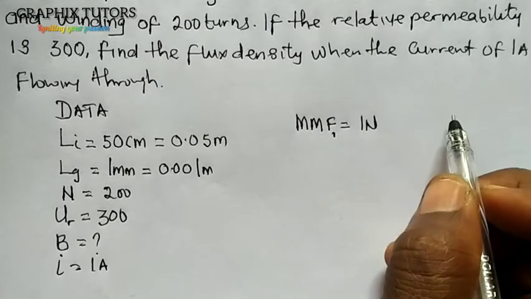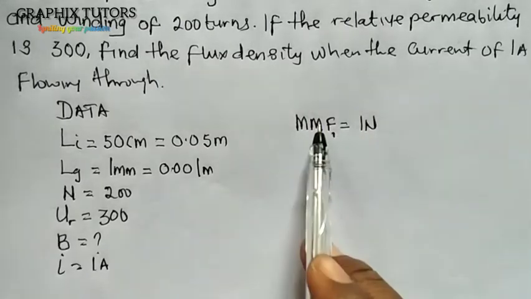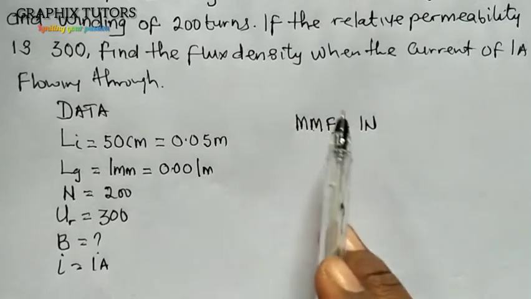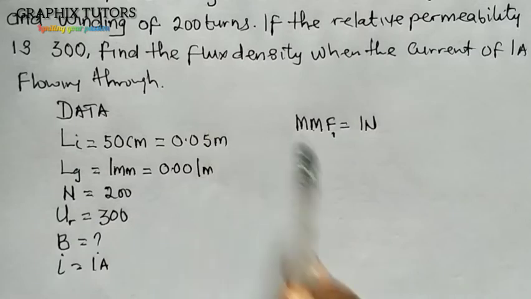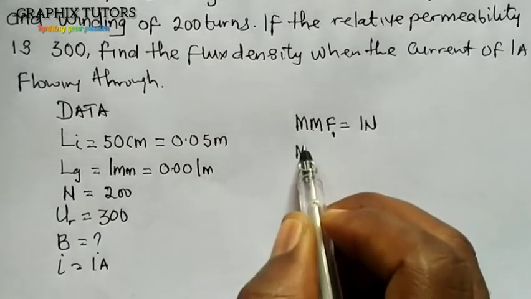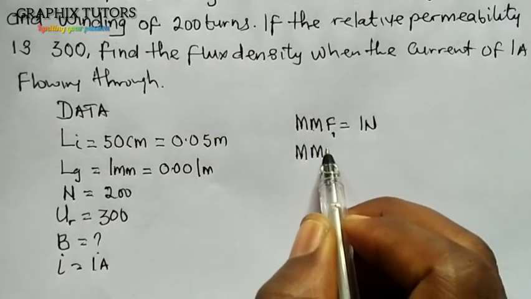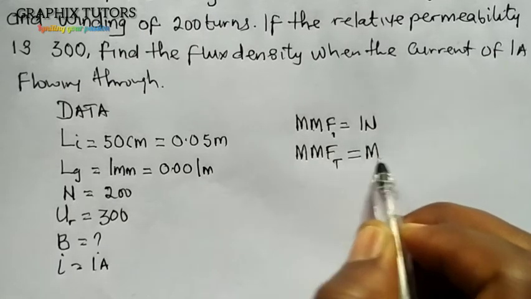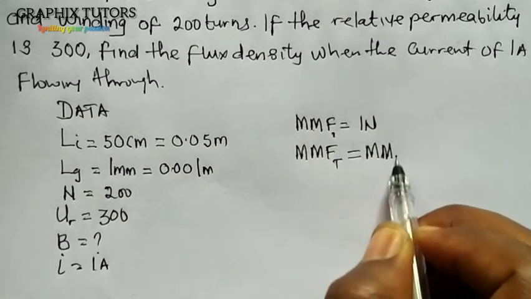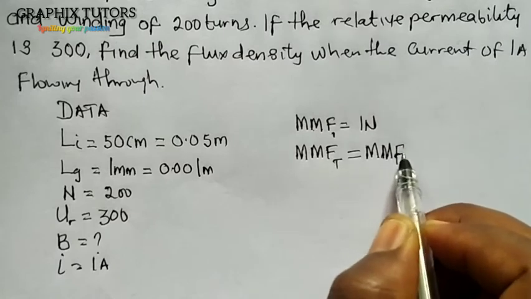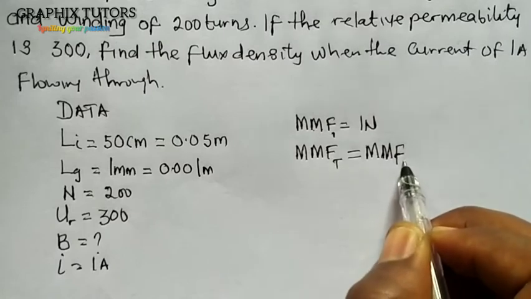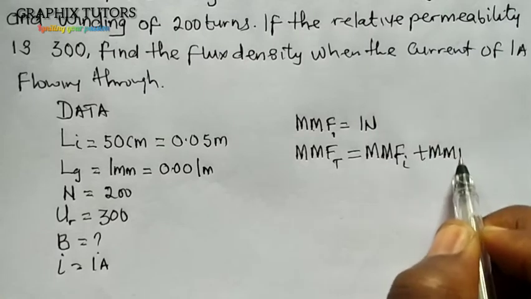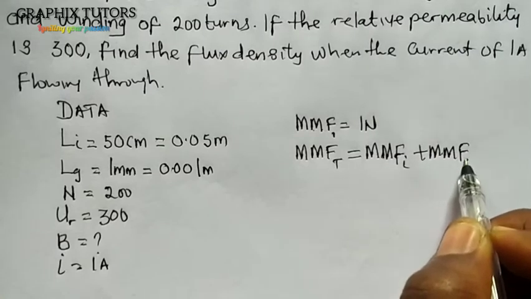Since we have the MMF of the air gap and also the MMF of the iron ring, my MMF total is equal to the MMF of the iron ring plus the MMF of the air gap.